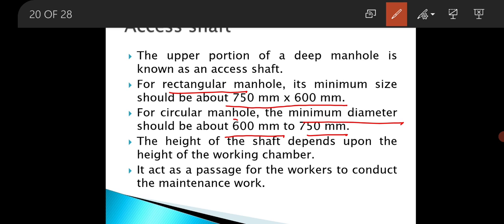So it generally acts as a passage for the workers to conduct the maintenance work.